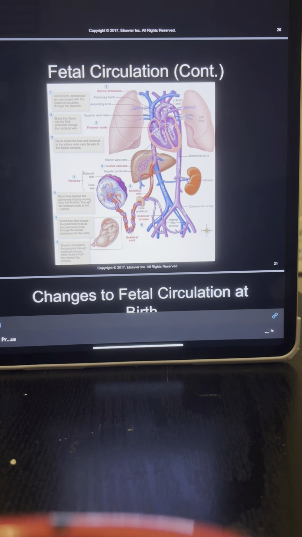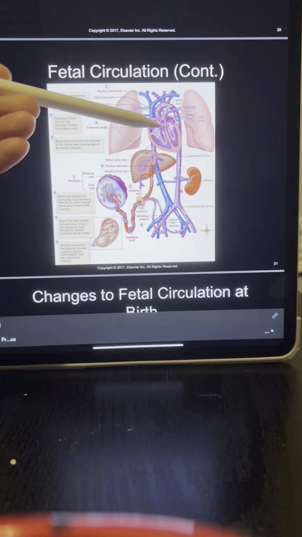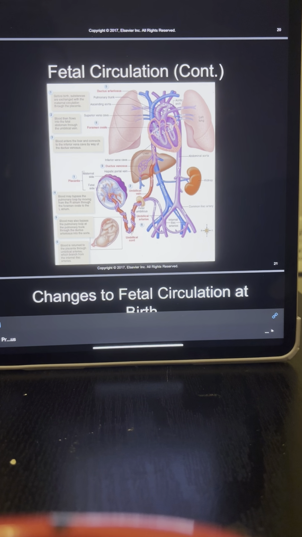Now we have the foramen ovale. This is another shunt. This is a hole in the heart. This is that hole in the heart that I was talking about that you might hear a murmur. If that hole does not close, people can live with it, but you may hear a murmur, which is like a swooshing because blood is going through that hole, which it shouldn't be. That is your foramen ovale.